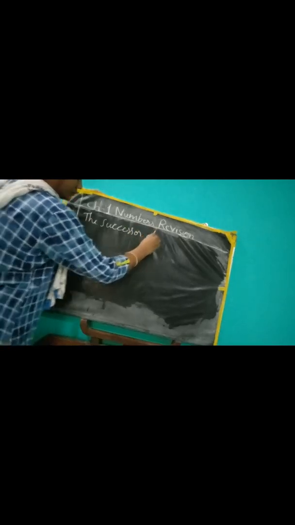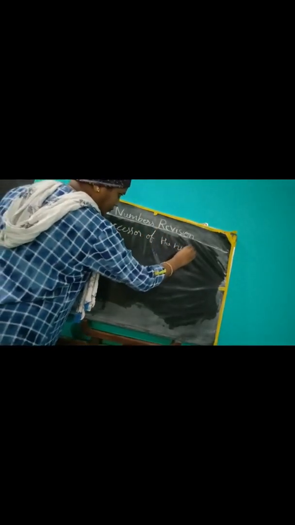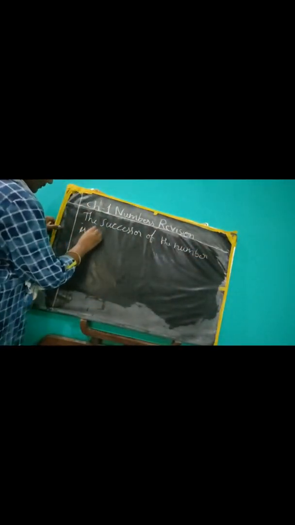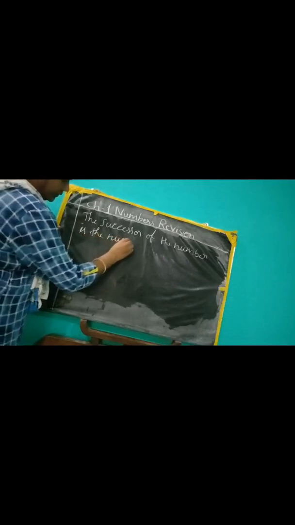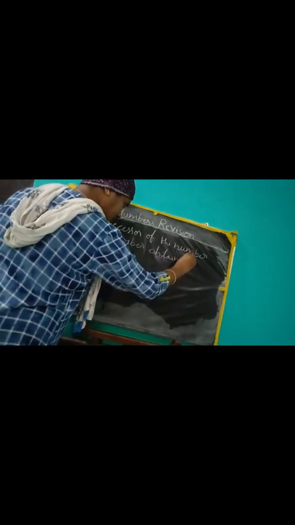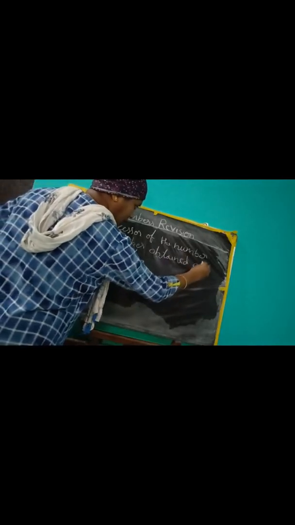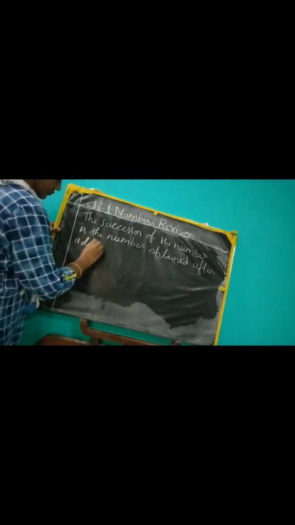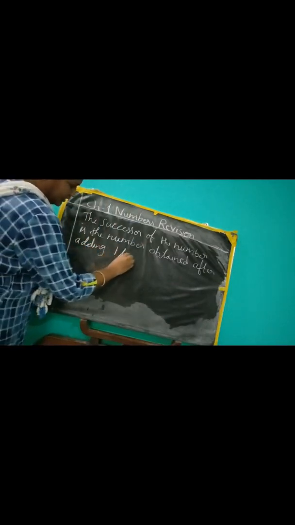See, children, the successor of a number is the number obtained after adding one to it.